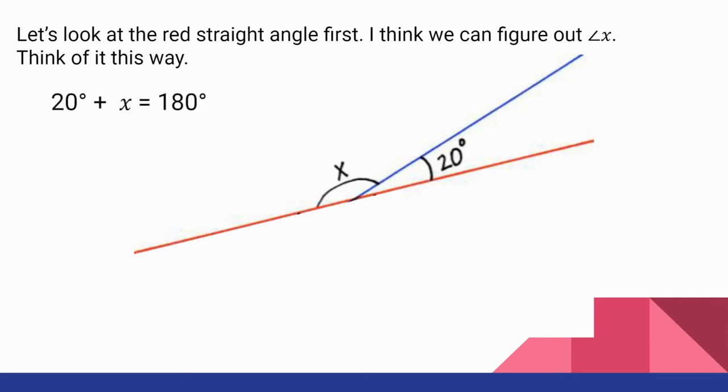We know that 20 degrees plus X equals 180 degrees. Then we can use subtraction to find X. 180 minus 20 equals 160 degrees. So we know that X is 160 degrees because the red straight angle is 180.